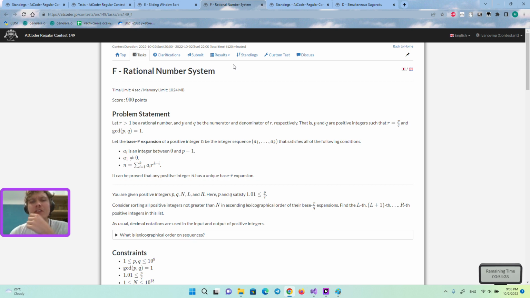So we can subtract the maximum number that can be put inside. Okay.